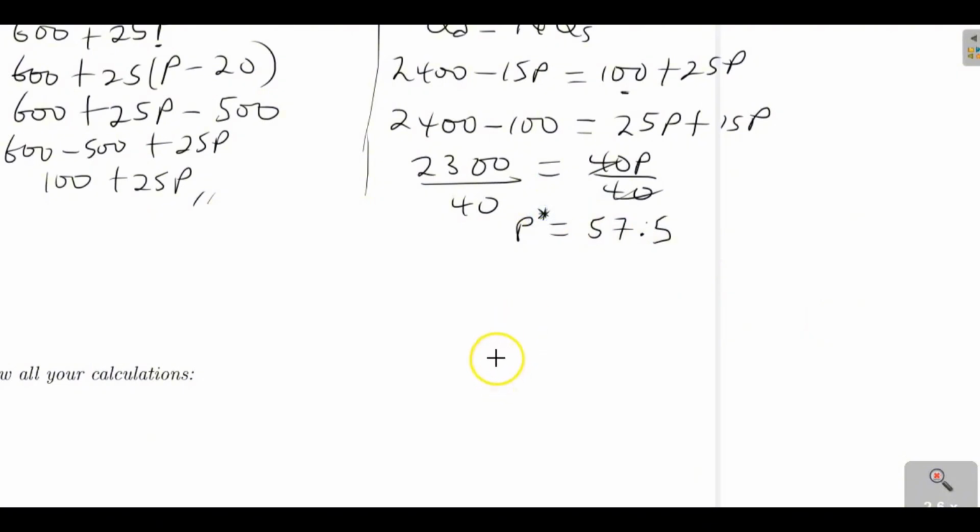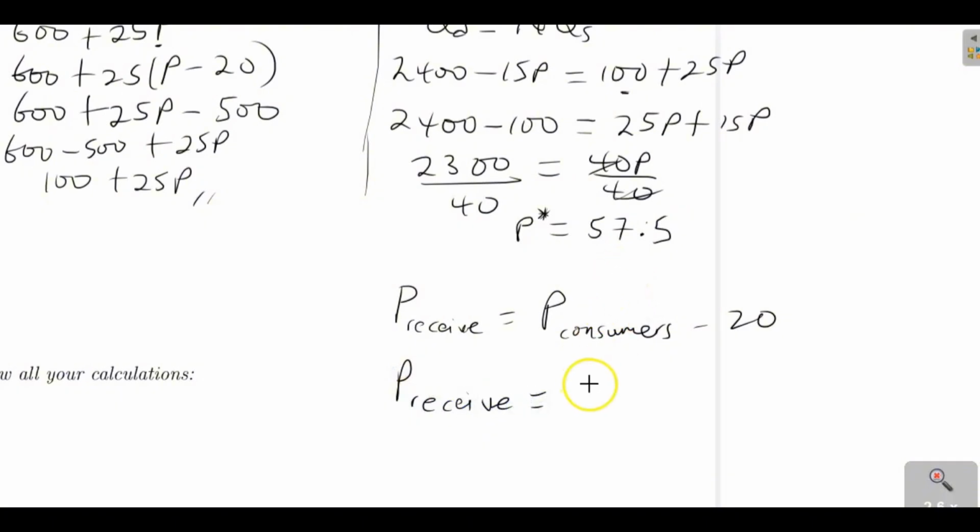Now, for what the producers are going to receive. You remember when I started, I told you that the price that the producers receive is equal to the price paid by the consumers minus the tax, which was 20. So the price the producers are going to receive will be equal to, this time around, the equilibrium price being paid by the consumers, 57.5, minus 20.